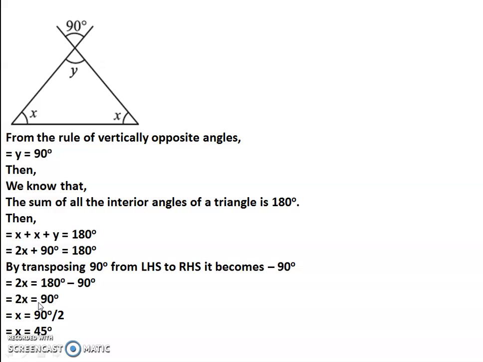So, 2x is equal to 90 degree. How will I take this 2 to the other side? Here it is 2 into x. So, when I take it to the other side, it becomes division. So x is equal to 90 by 2. So x is equal to 45 degree.